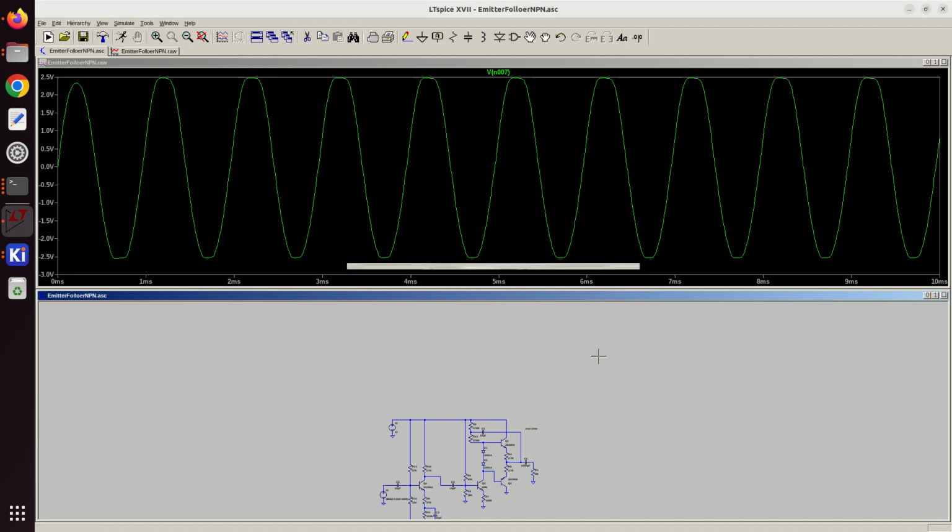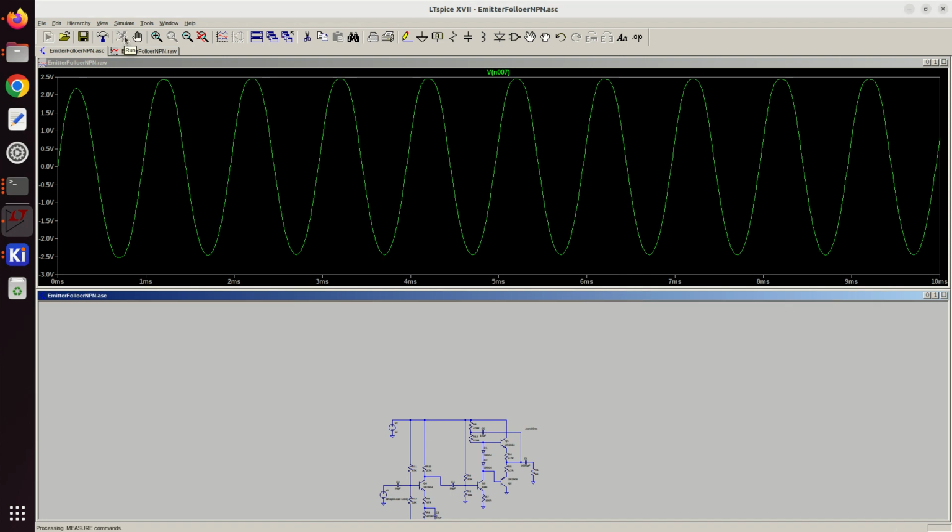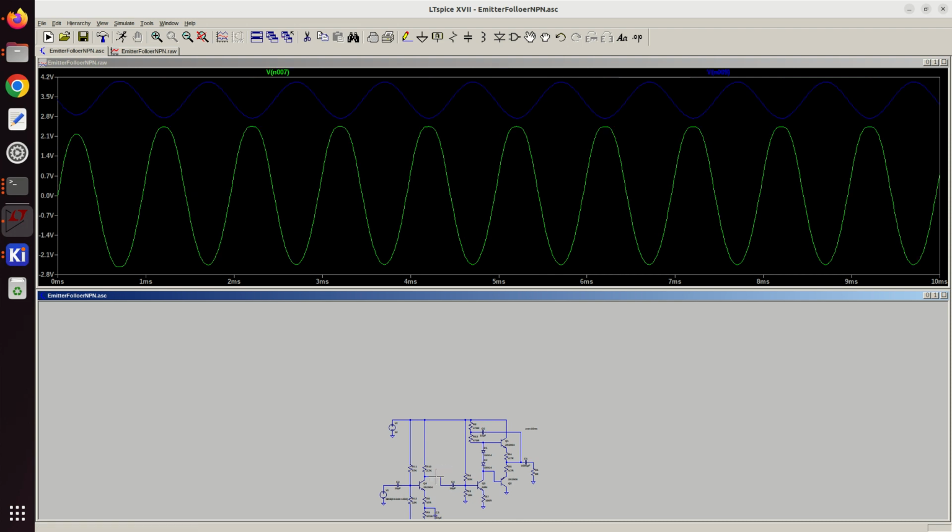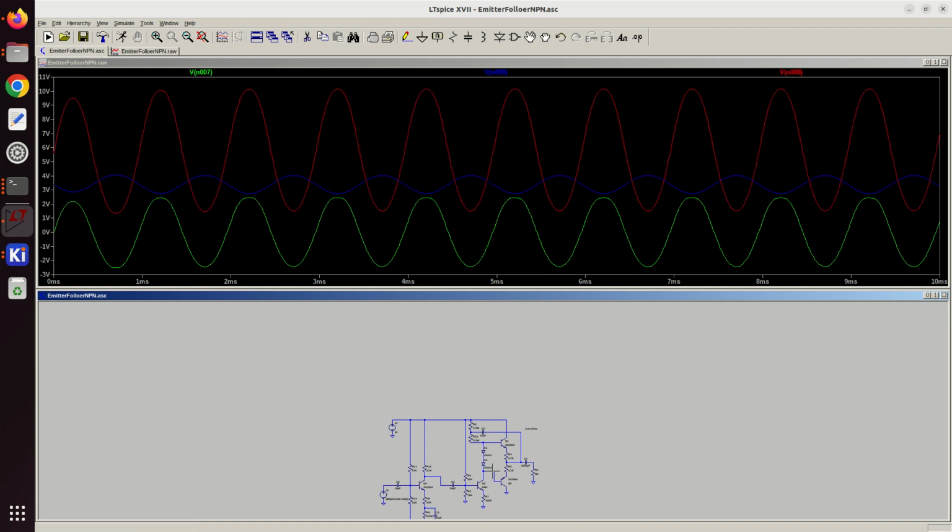So let's try 20 millivolts in. Yeah, okay, that looks pretty good to me. So this is our input. So we're at 10 down to just 1.5, or yeah, okay. I think I'm pretty happy with that.